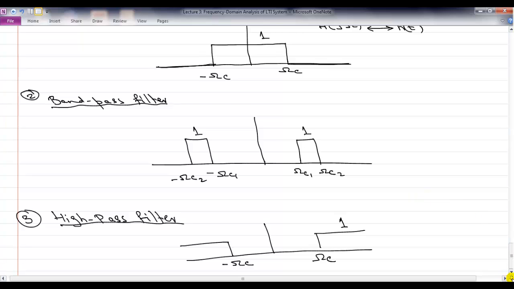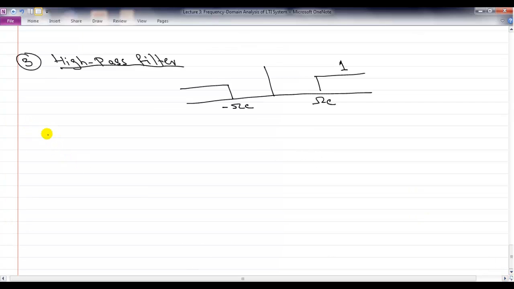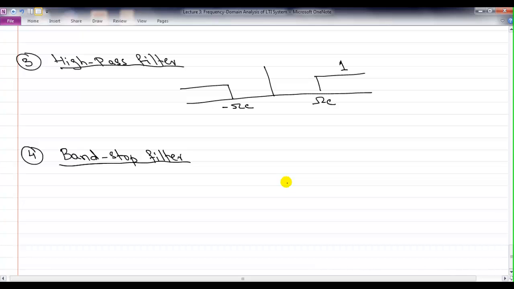And the last commonly used one is called a band stop filter, which is again the reverse of what a band pass filter is. So a band pass filter says keep frequencies in a certain region alive. A band stop filter says keep all the frequencies except in a certain band.